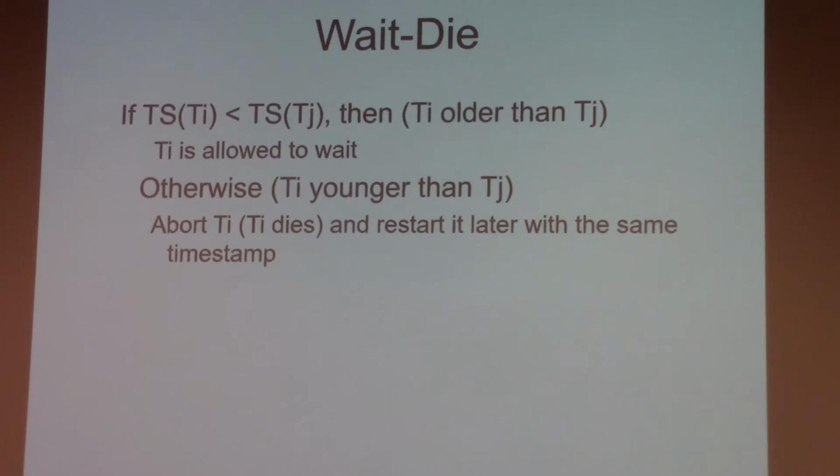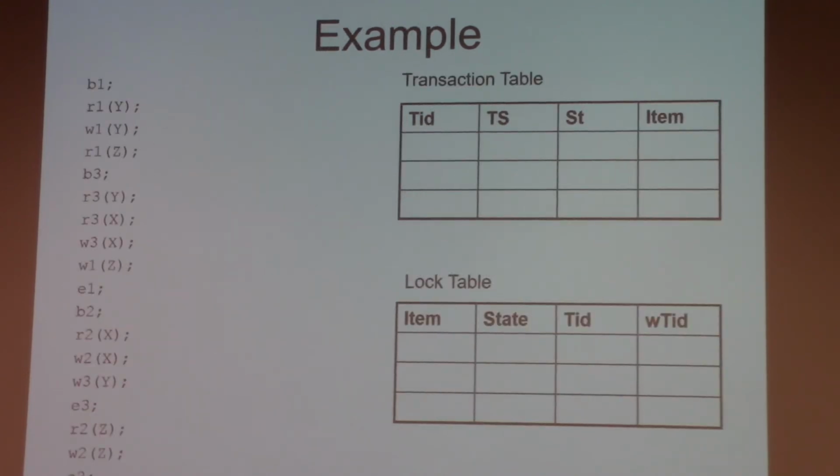If you consider the opposite way, where this one is younger and the older one dies, that is the wound-wait algorithm. So for a real example of such concurrency control, this is a list of operations. B means begin transaction, E means end transaction, and the number means the transaction ID, not a sequence number.